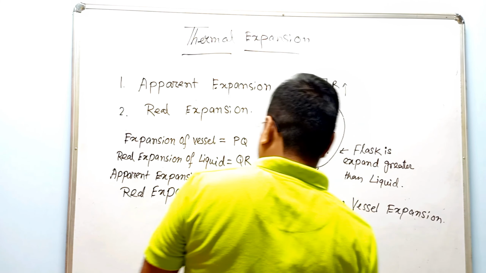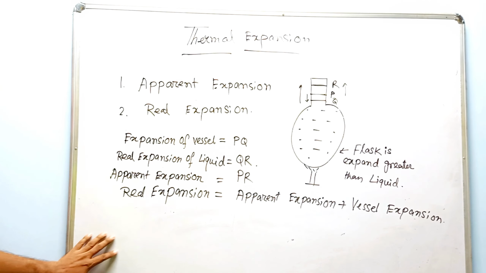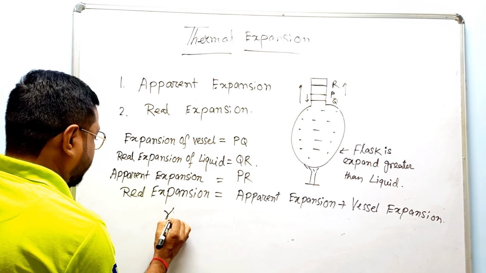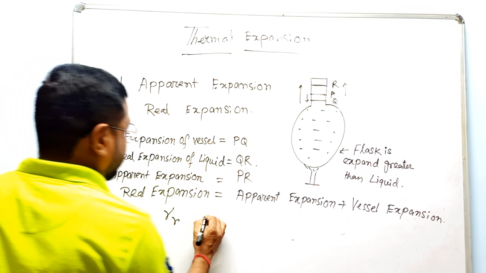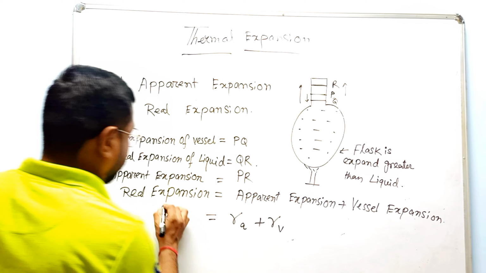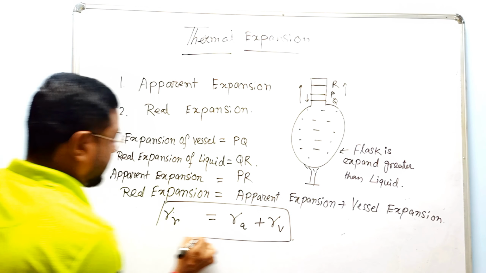So if real expansion is denoted by gamma R, this must be equal to gamma A plus gamma V. This is the relation between the three types of expansion.